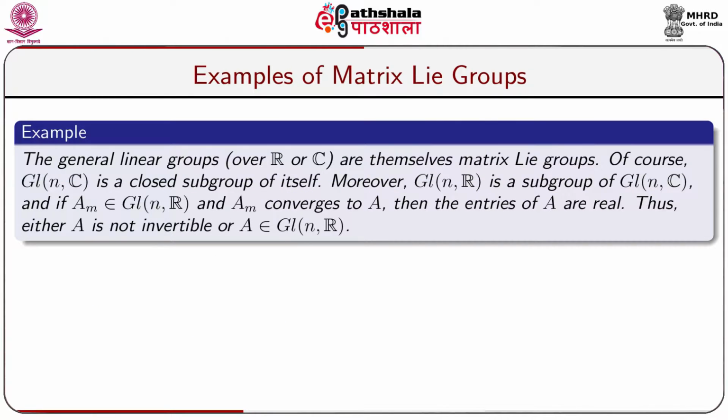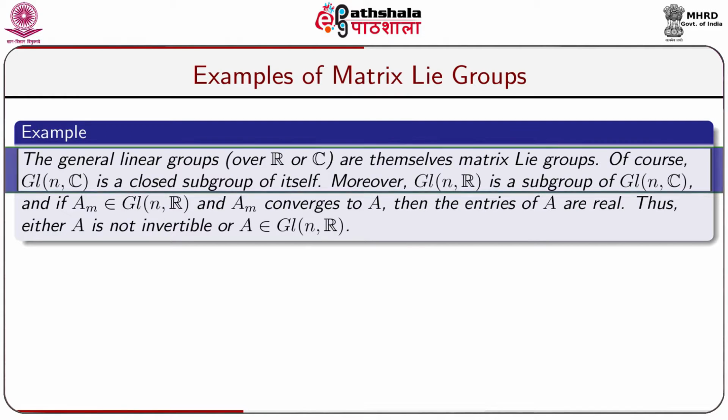Some examples of matrix Lie groups. The general linear groups over R or C are themselves matrix Lie groups.